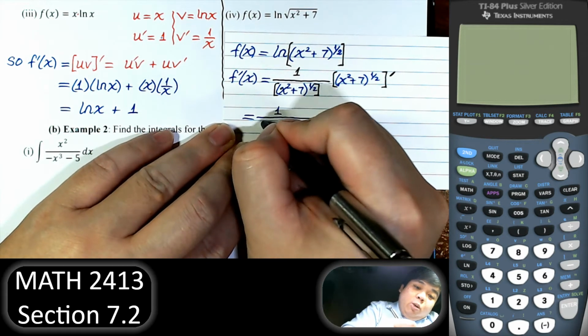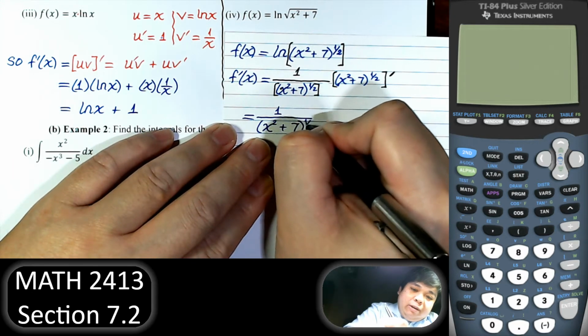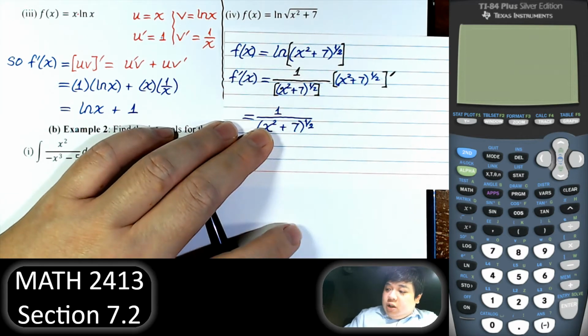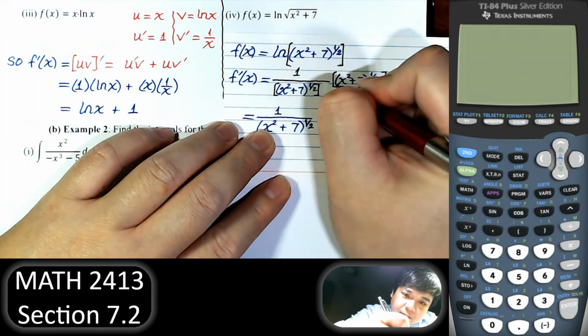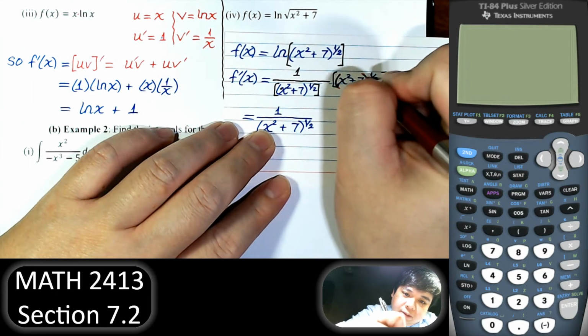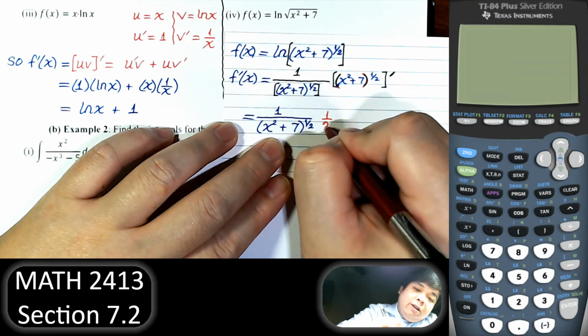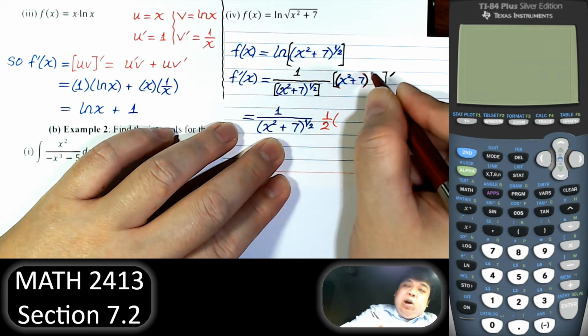So we just have 1 over x squared plus 7 to the 1/2. Now the derivative of this is another chain rule. Put the parentheses, there will be 1/2, parentheses to the negative 1/2, original power minus 1.